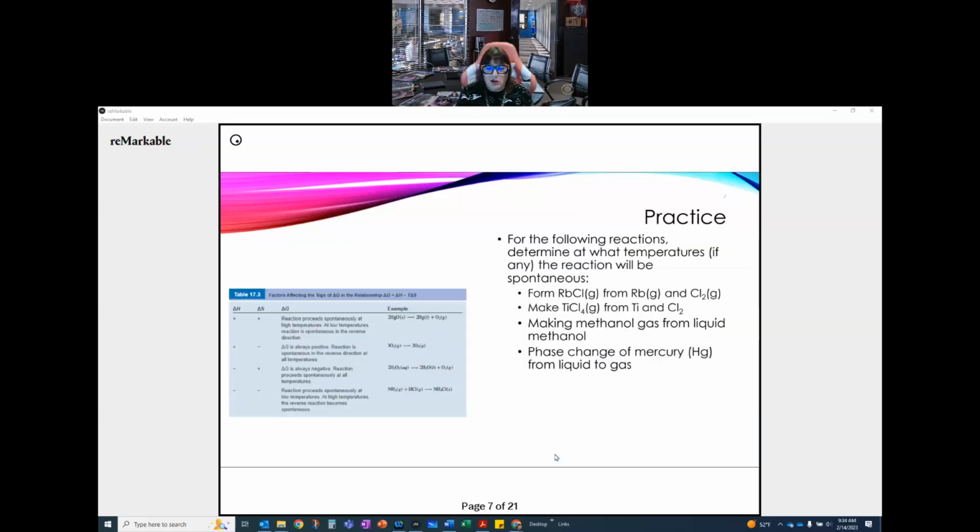So some practice for you. For the following reactions, determine at what temperatures, if any, the reaction will be spontaneous. Now, I looked at 2 of these previously. I calculated the delta S for that RbCl gas.